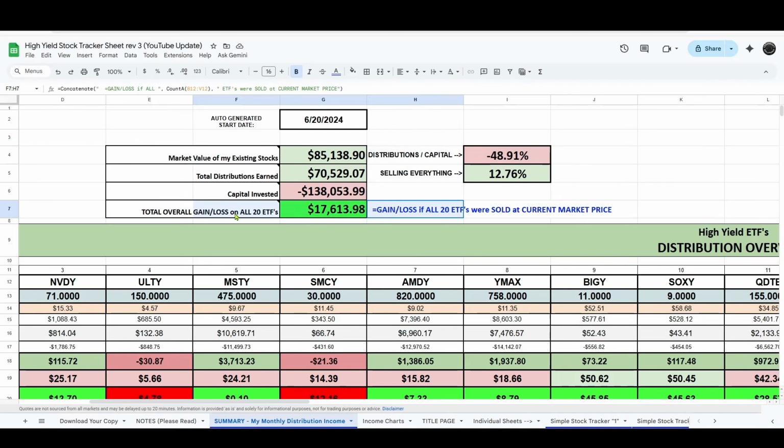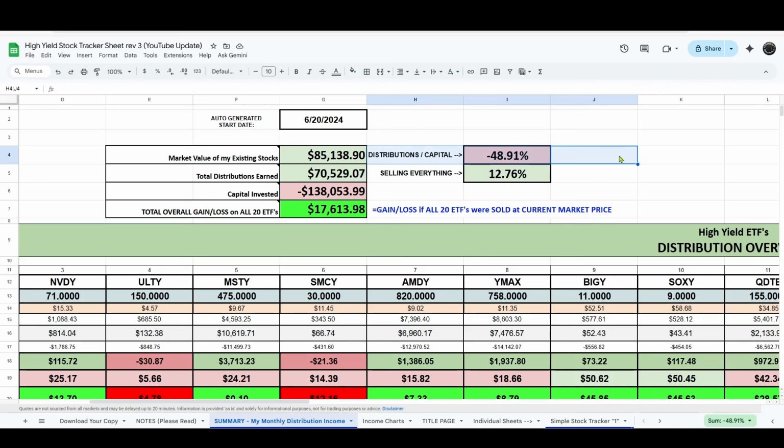This one down here does, because it is selling them at the market price of each one. So though I am down 48% of the distributions per capital spent, if I were to sell off everything, I would make 12%, right? And that is off of selling at that market price.